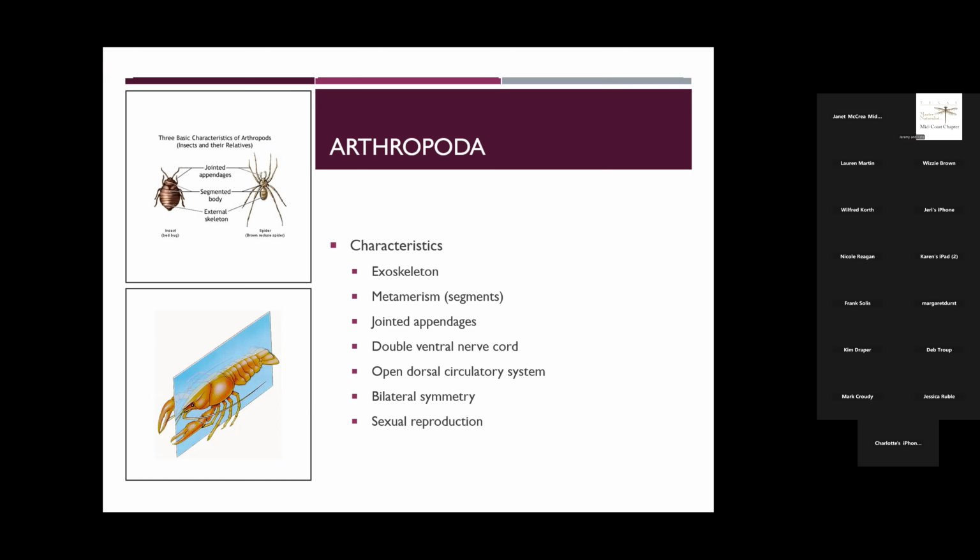Notice I said at some point in their life, so not all arthropods always have sexual reproduction. There are ones that will mate at a certain time, and then for the rest of the time, they are pumping out babies other ways, like clones of themselves. Aphids are a well-known example of that.